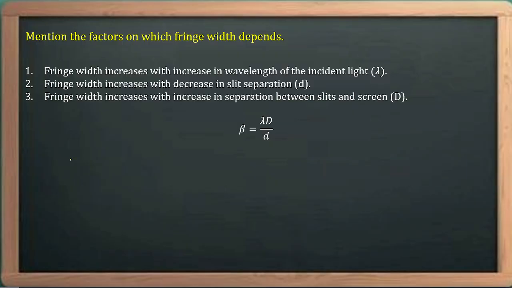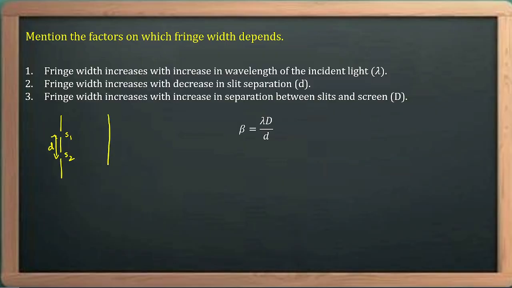Okay, let me give some formulae. If I consider Young's double slit experiment here, the distance between the slits S1 and S2 is small d. This is slit S1, this is slit S2.